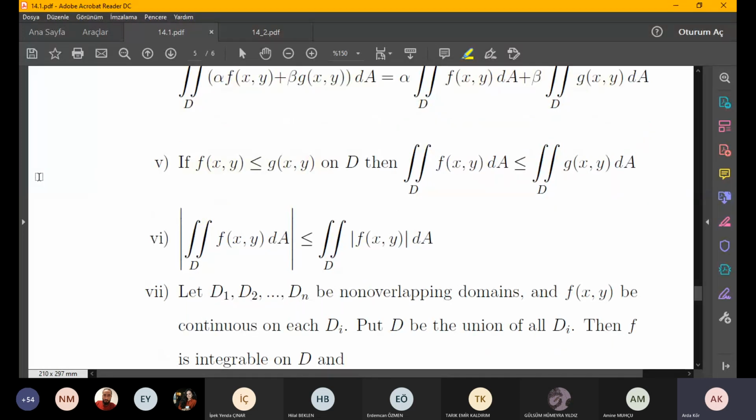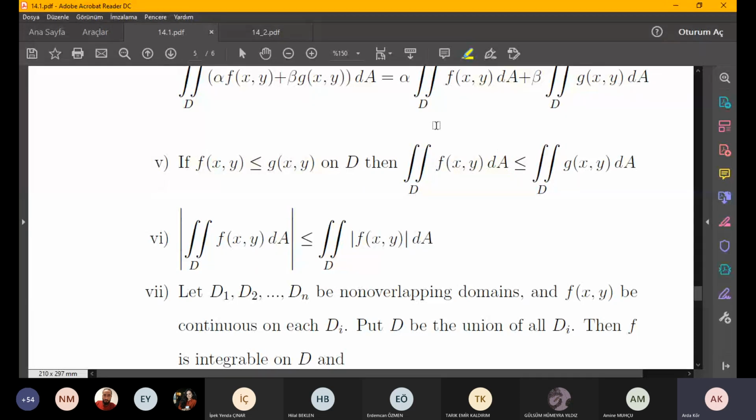So here, we already suppose that f and g are integrable, and if f(x,y) is smaller than or equal to g(x,y) on the region D, then the double integral of f(x,y) over D is smaller than or equal to the double integral of g(x,y) over the region D. Which means if f is smaller than or equal to g over D, then the double integral of f(x,y) is smaller or equal.